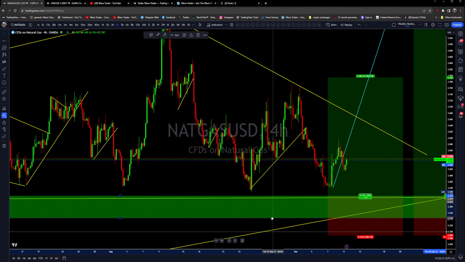Let's check that again. Pre-market is 180, close was 178. So this is the right price, 180.